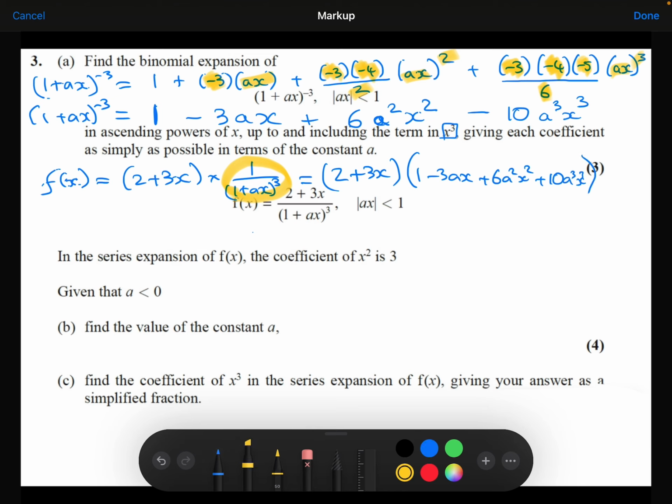Right, let's expand this out. So 2 times 1, then we've got the 2 times the minus 3ax, so that's minus 6ax. 2 times the 6a squared x squared, two times the minus 10a cubed x cubed.